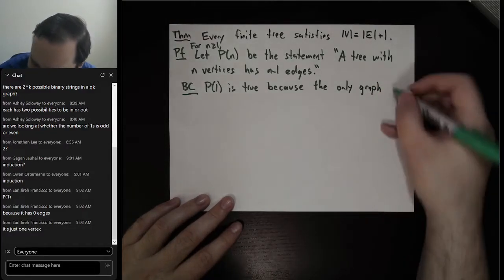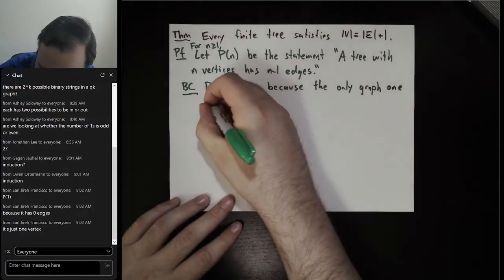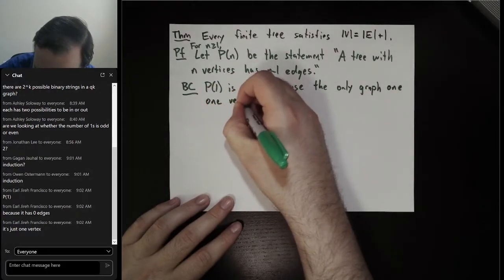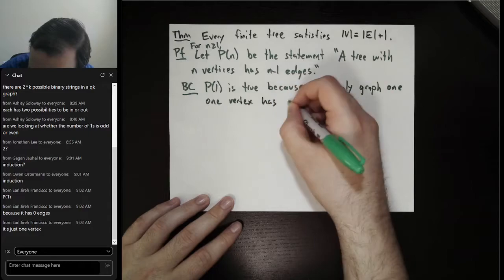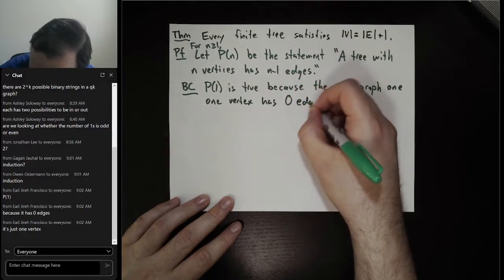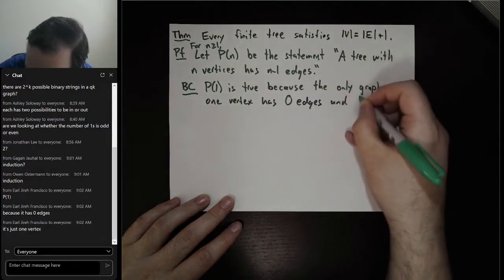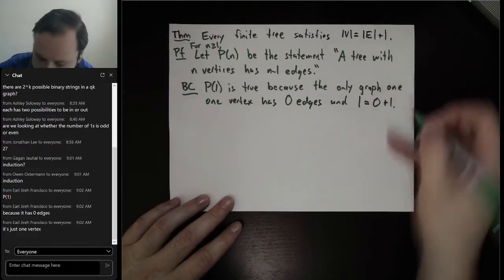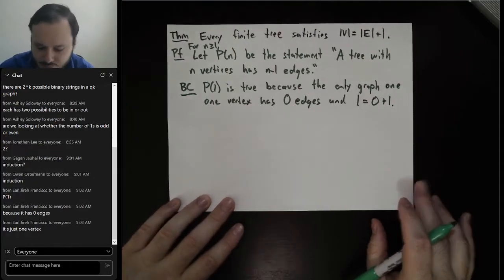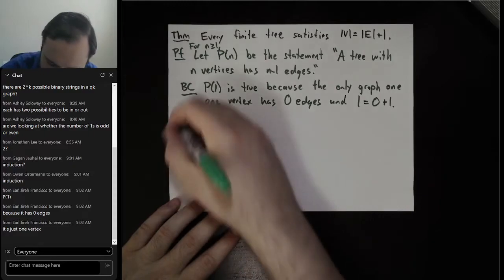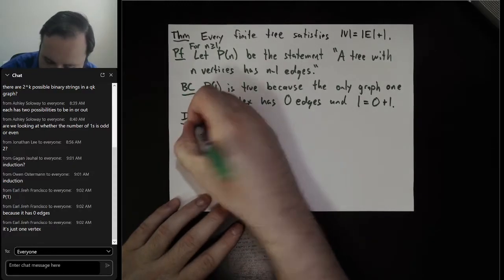So the only graph on one vertex has 0 edges, and 1 is equal to 0 plus 1. Okay. So now I want my induction hypothesis.